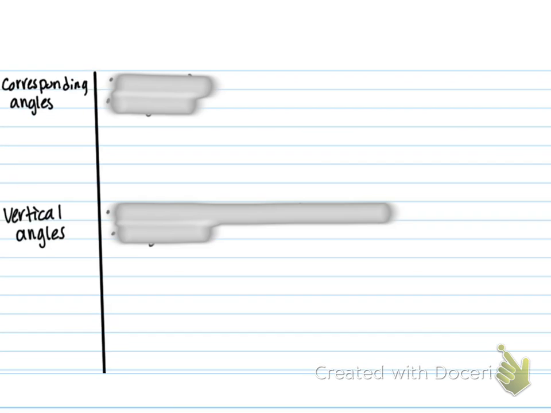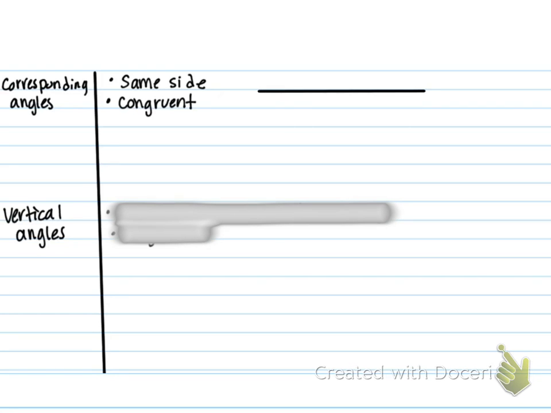The first type of angle relationship we have is corresponding angles. Those are same side and congruent. When I say same side, I'm talking about when we have two parallel lines, and then a transversal. I'm going to number all my angles.